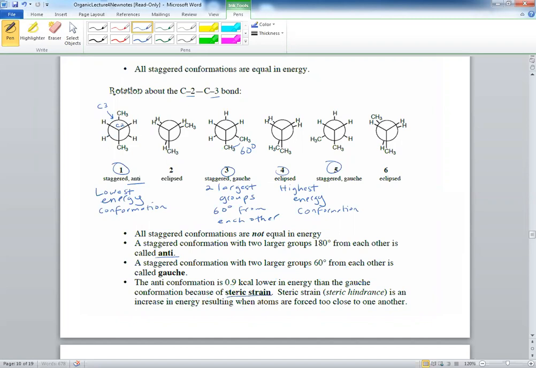So you have a second type right here. Steric strain, or sometimes we call it steric hindrance, is an increase in energy resulting when atoms are forced too close to each other. So you have an atom cloud and another atom cloud, and those do not like to bump into each other. That would be, again, an electron cloud, an electron cloud.